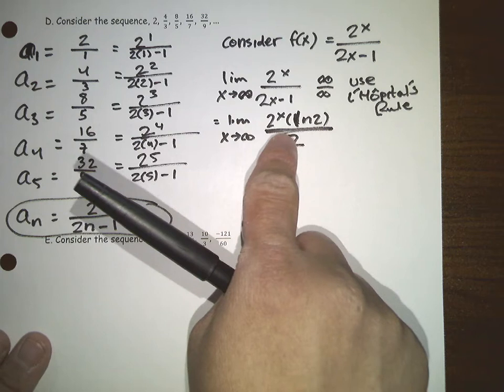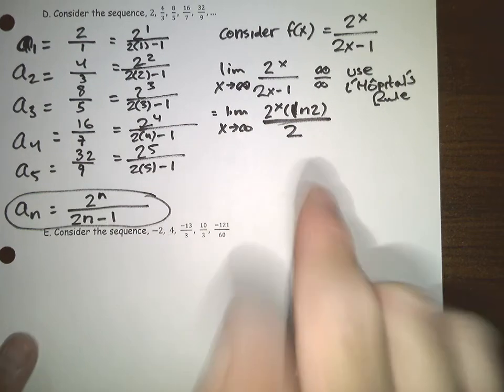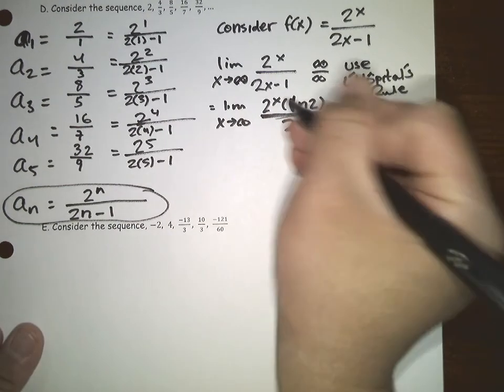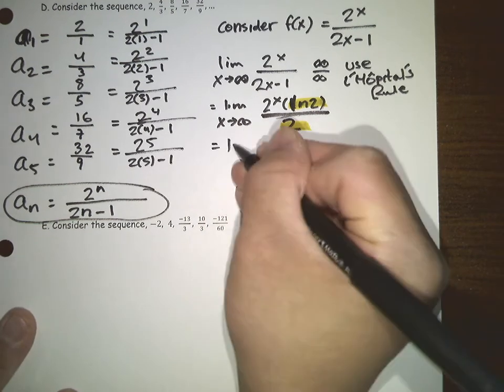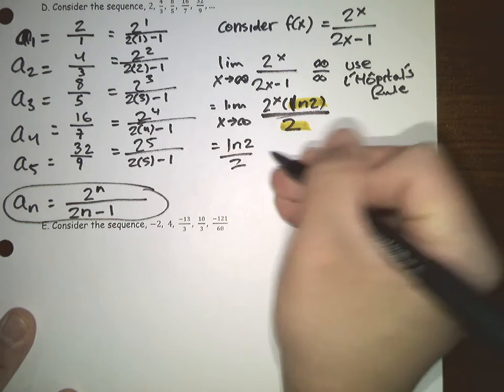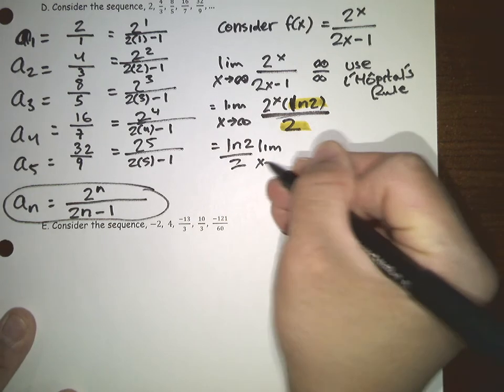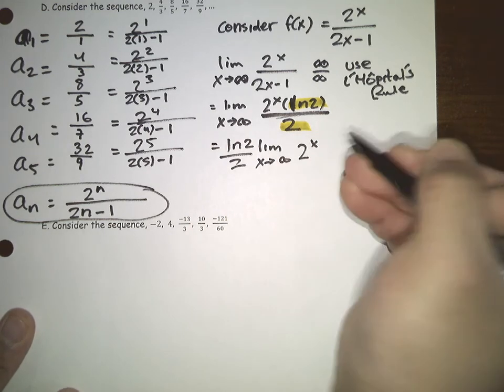And then I see that there's a constant that can be brought in front of the limit again. So I have natural log of 2 over 2 times the limit as x goes to infinity of 2 to the x.